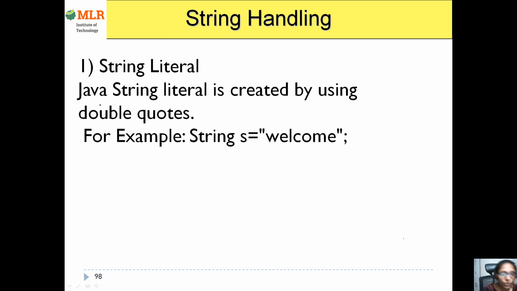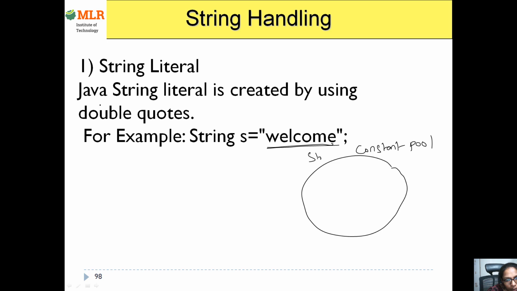If it is a string literal, we declare String S is equal to, directly assigning a value just like a normal variable. Whenever I write like this, the memory for the string will be allocated within a memory called the string constant pool.